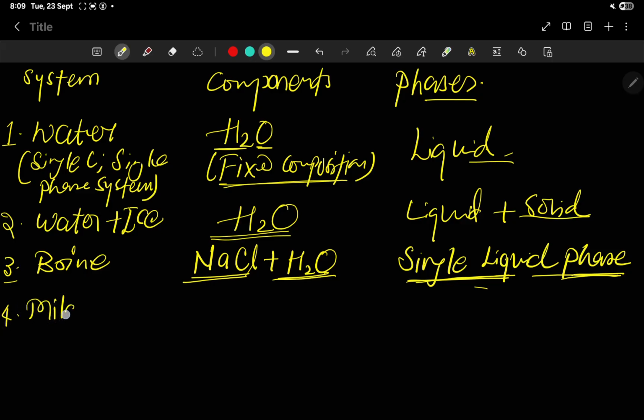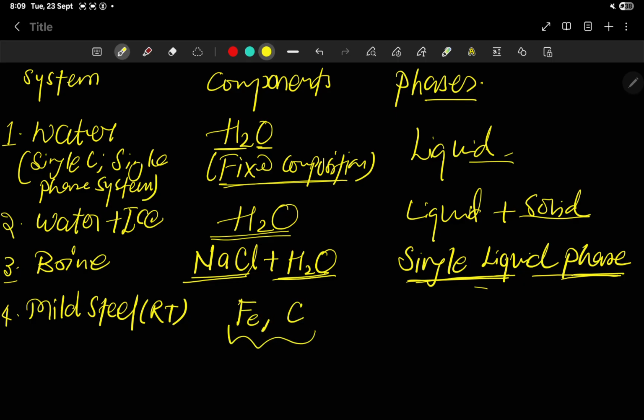Okay, and let's explore more. Mild steel at room temperature. In case of components we have iron and carbon.